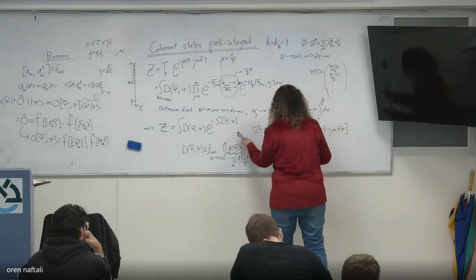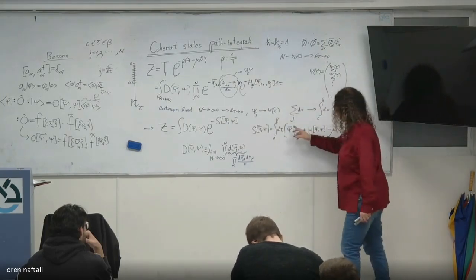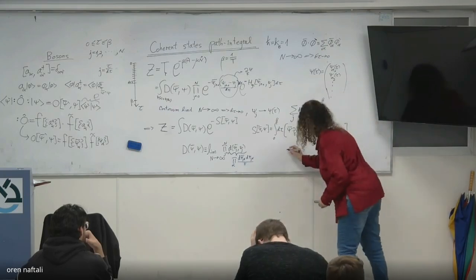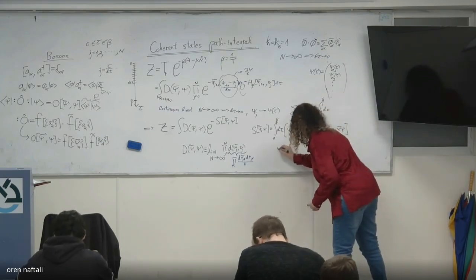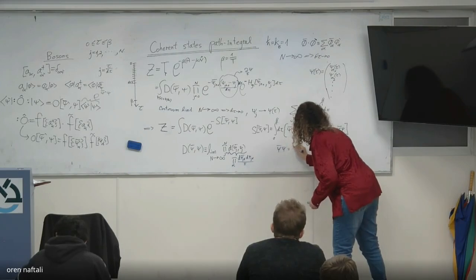And the functional that we are integrating over is this object, where every time I write, for example, psi bar psi, I remind you, it is the sum over alpha.